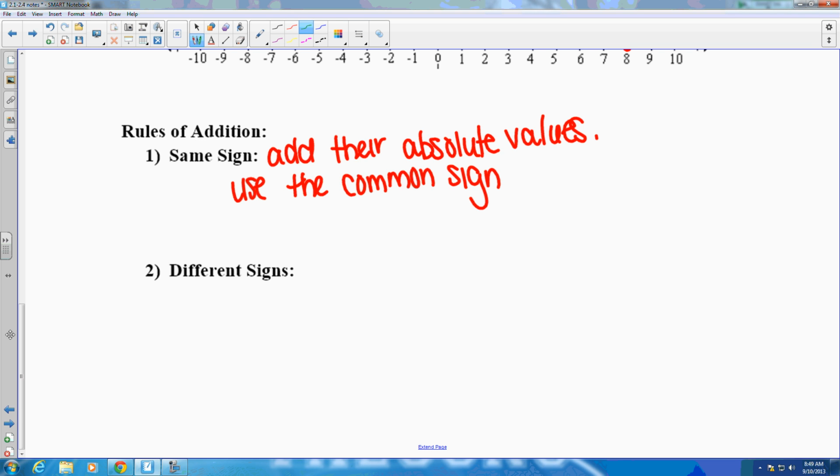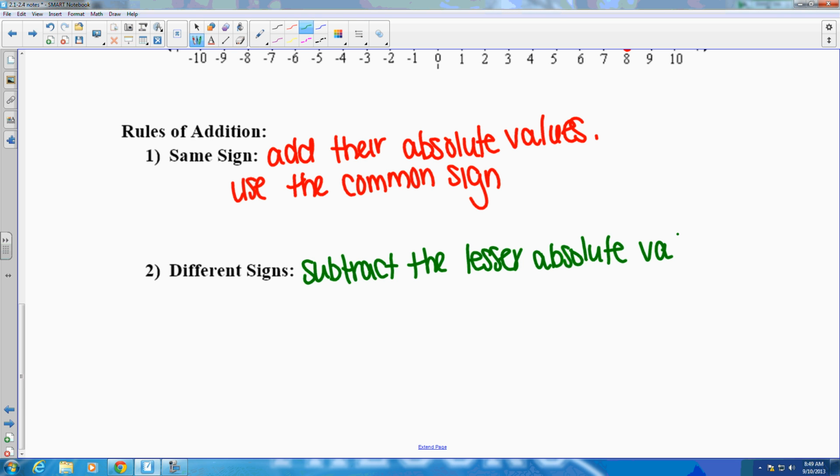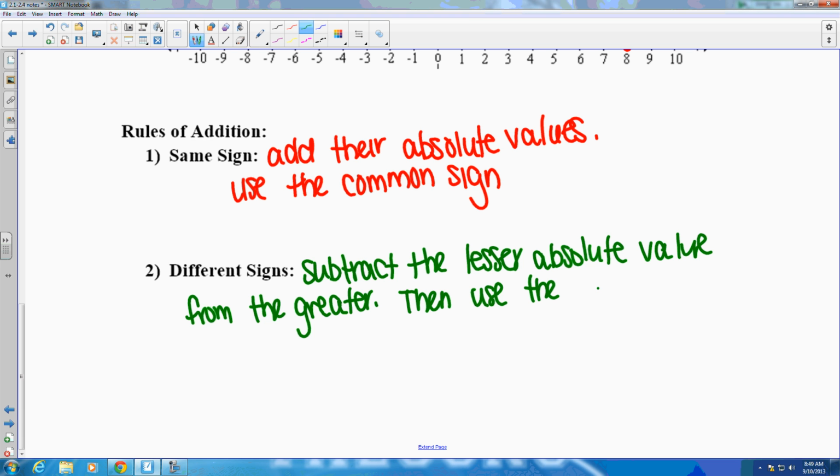When you're adding two numbers with different signs, you need to subtract the lesser absolute value from the greater absolute value. Then use the sign of the number that had the greater.